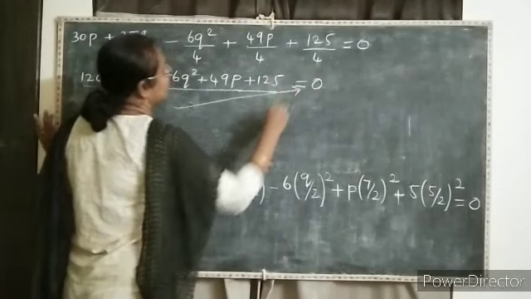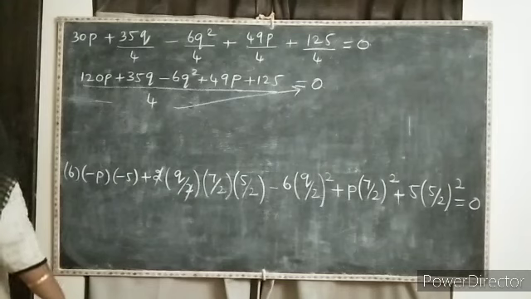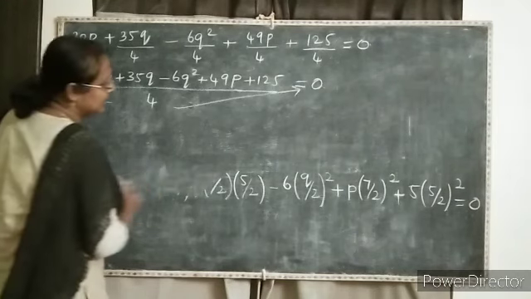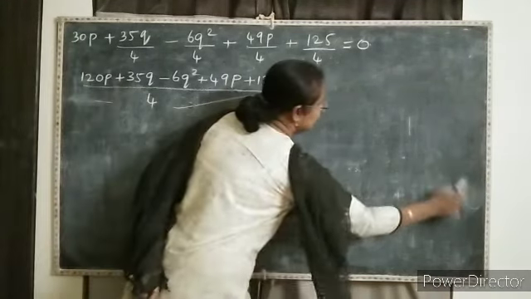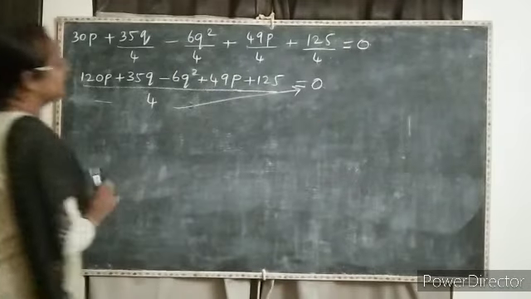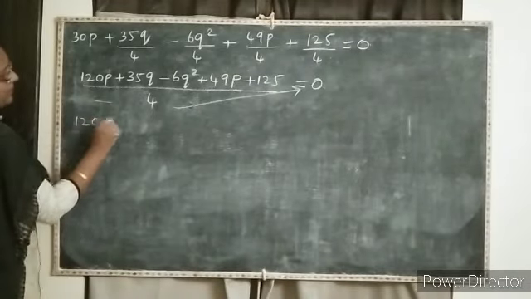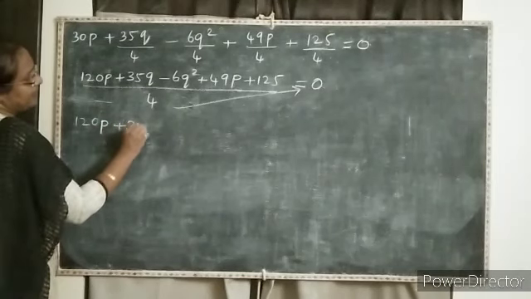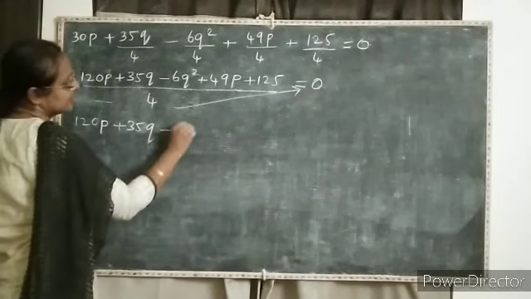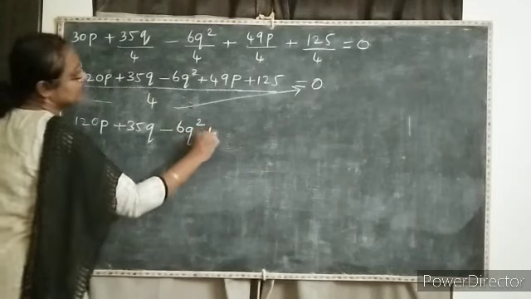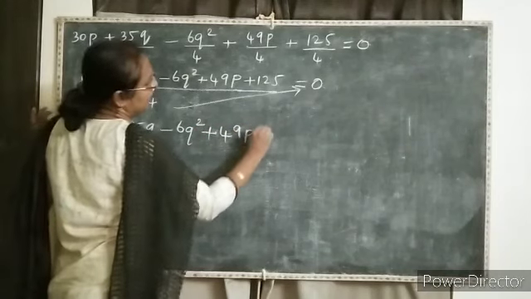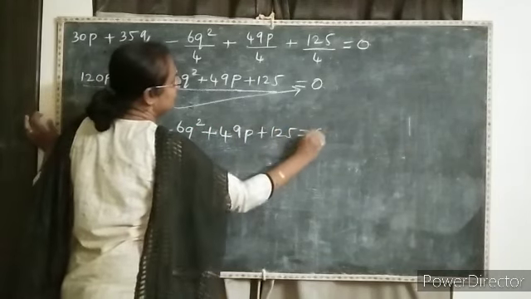Now I am going to multiply this 4 along with 0, so the whole term becomes 0, isn't it? Now look at this. I'll get 120p plus 35q minus 6q squared plus 49p plus 125 equal to 0.